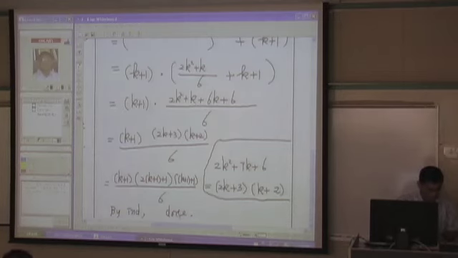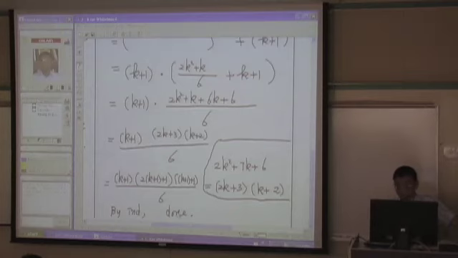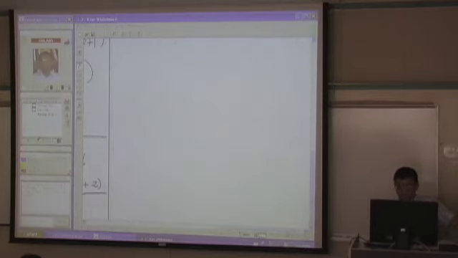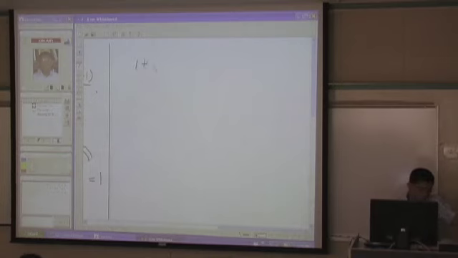There are many cases using this idea, but I do not have enough time to cover everything. So I will cover one more interesting case and then go to the next section covering the binomial theorem. The next thing is this one. I will rewrite it.